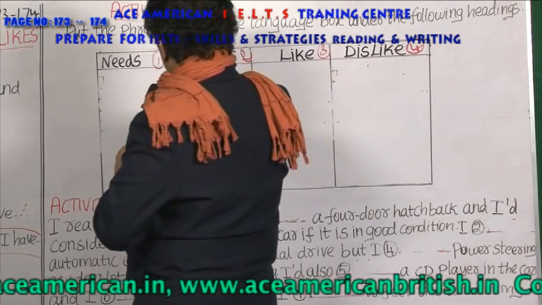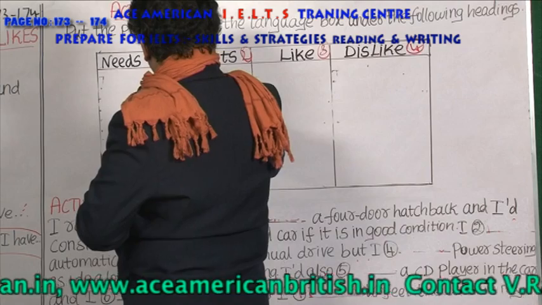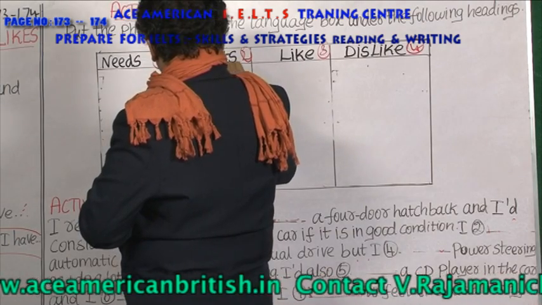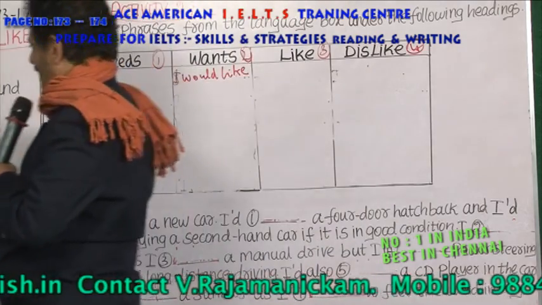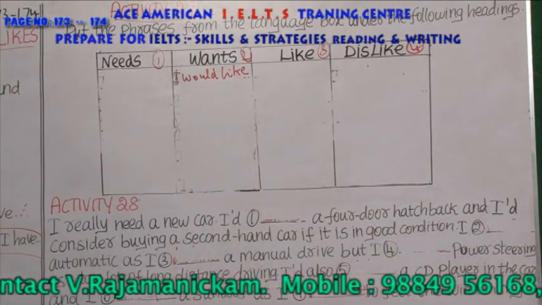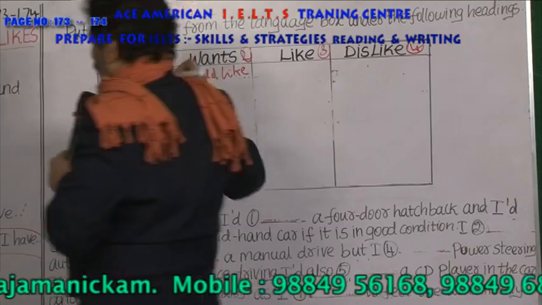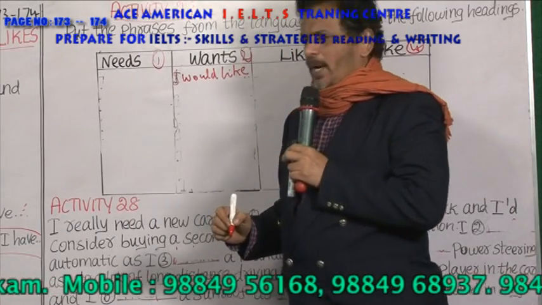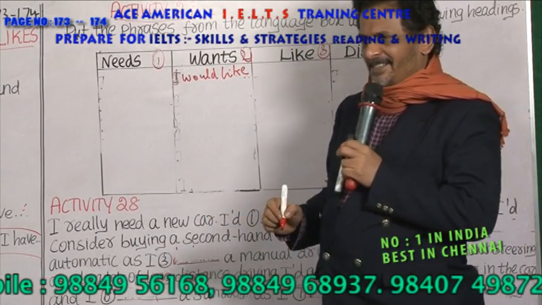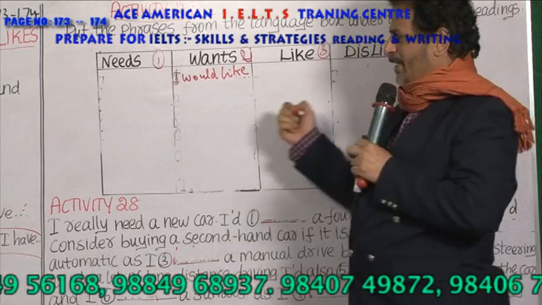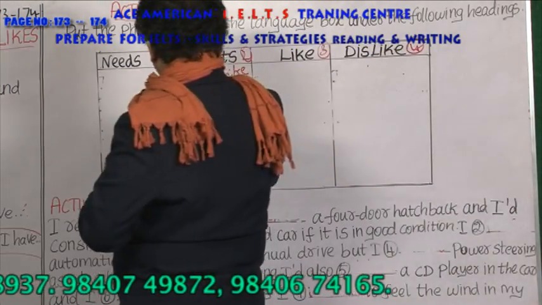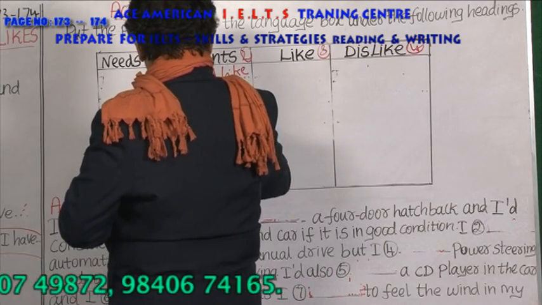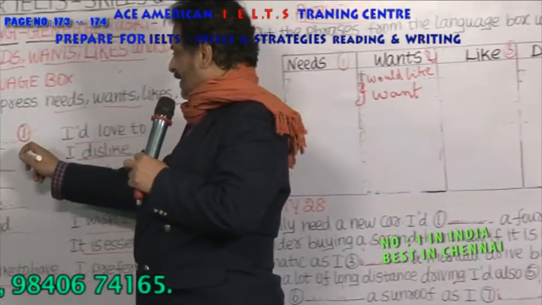I would like should be put in wants. So number 1, I would like, goes under wants. Number 2, I want. Under which heading can you put I want? Second, wants.